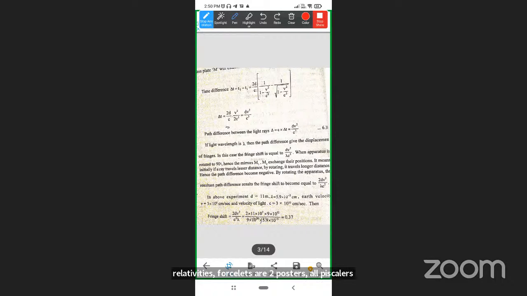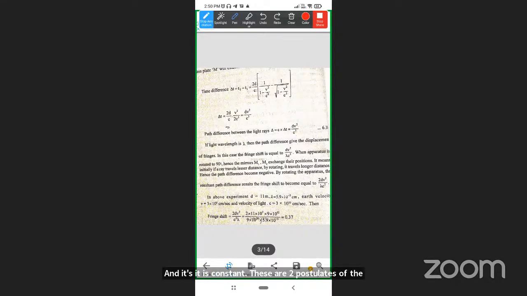And second, the speed of light in vacuum is the same in every inertial frame, that is, the light velocity is the same in every inertial frame of reference and it is constant. These are the two postulates of the special theory. That is a short answer, and the Michelson-Morley experiment is a long answer.